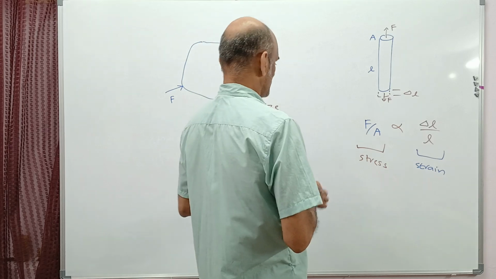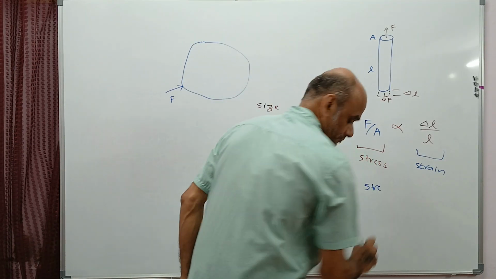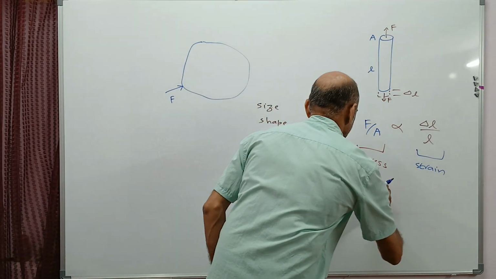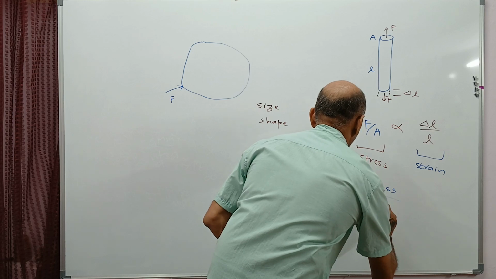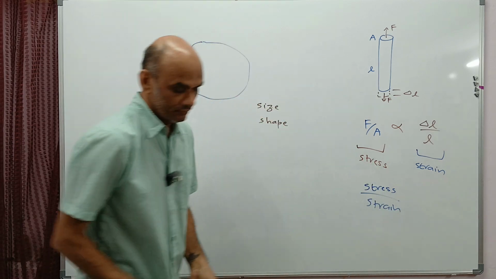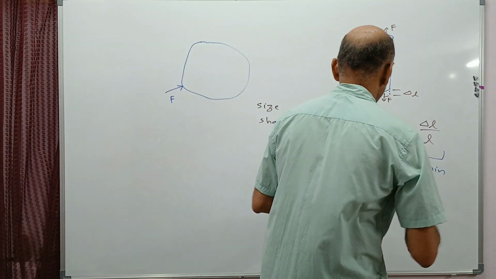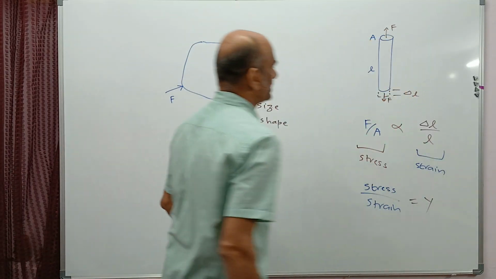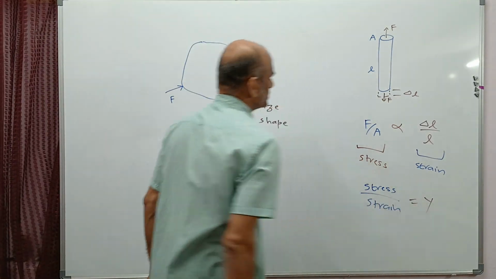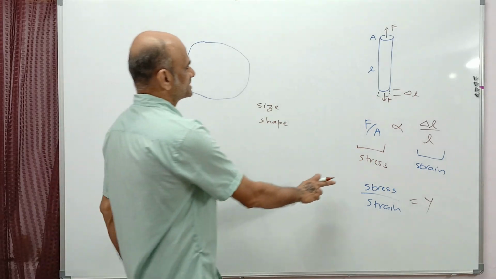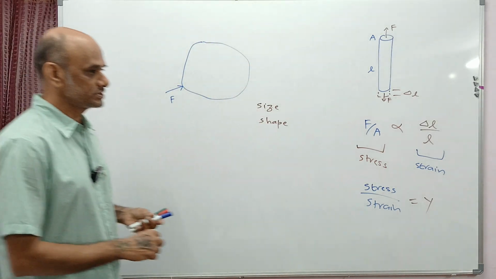That means the ratio stress by strain is a constant for a given material, and that constant is called Young's modulus of the material. If the material is fixed, for example steel, this Y value is fixed. So if stress is doubled, strain also will double. With this understanding, you can solve these NEET PYQs.